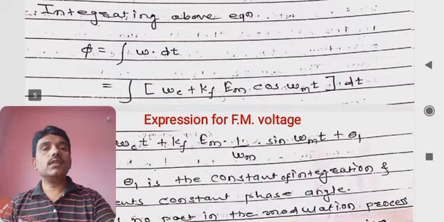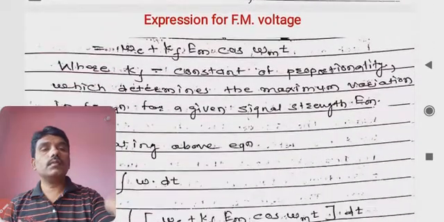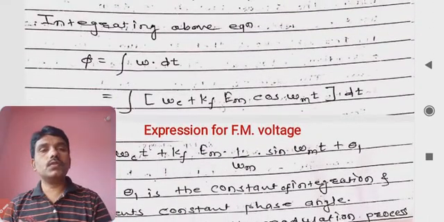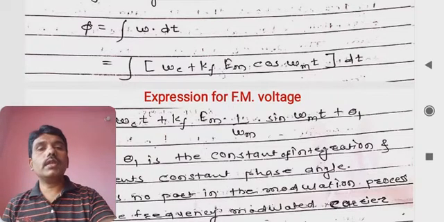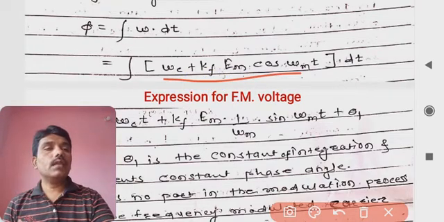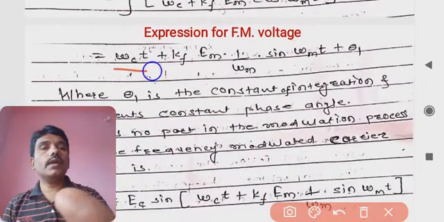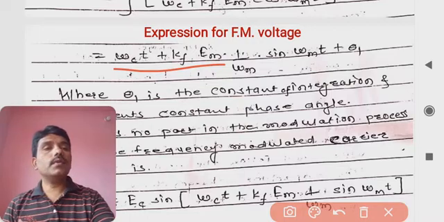Now integrating the above, phi is equal to the integration of omega dt. Putting that value of omega, that is omega c plus kf Em cos of omega m t, in dt and simplifying, we get omega c t plus kf Em upon omega m sine of omega m t plus theta 1, where theta 1 is the constant of integration.